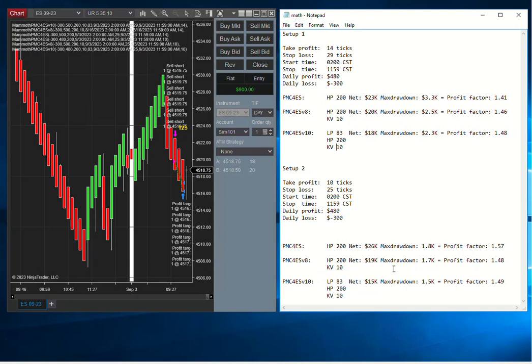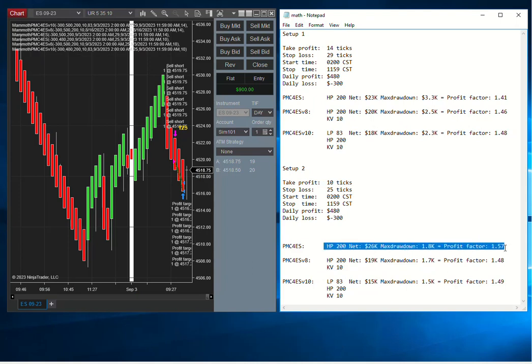For version 8, less risk, kind of the same reward, 19K and 20K. All right, for the original one, drawdown is 1.8K. It's better, and the profit is actually higher. So the original one looks promising.